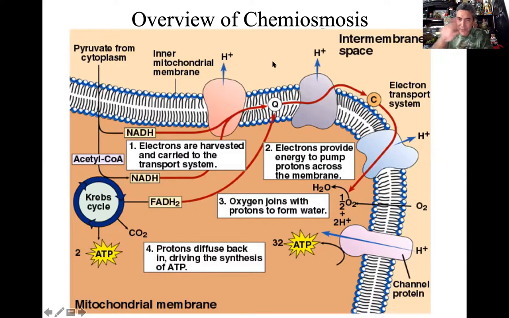We want to keep this electron transport chain going, so we need our very strongly electronegative element, which is oxygen, to pull the electrons out of the ETC. They're going to combine with hydrogens that are in the system to form water. Right? All the hydrogens then start to diffuse back through that channel protein that we know of as ATP synthase, and that process generating 32 ATPs.